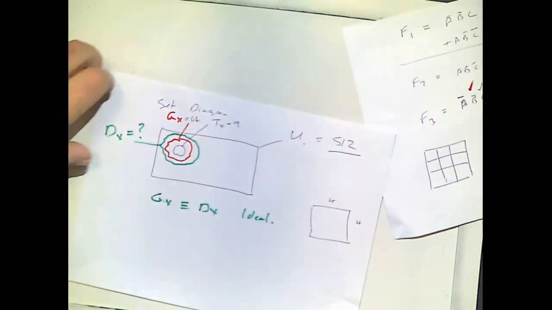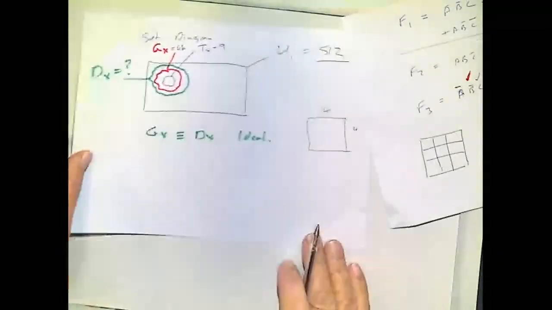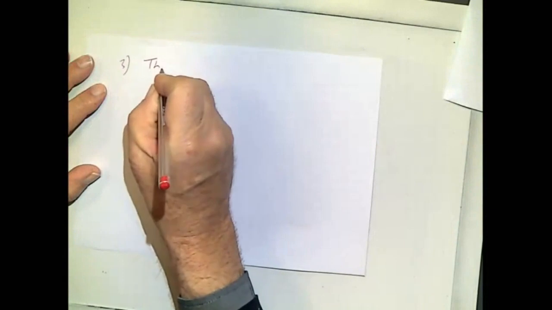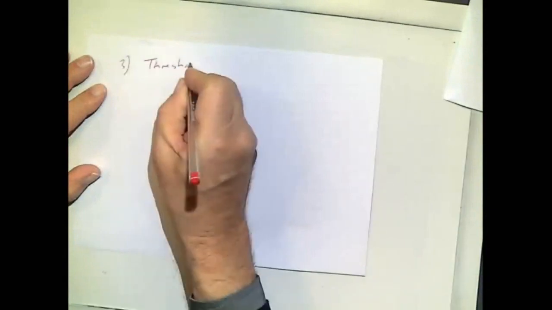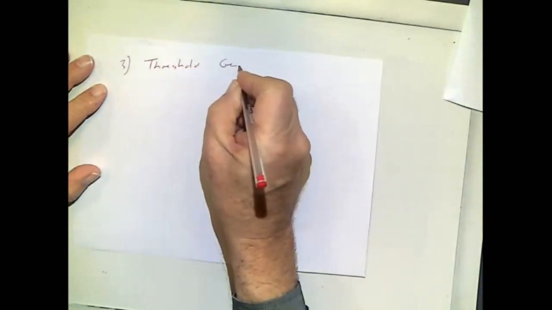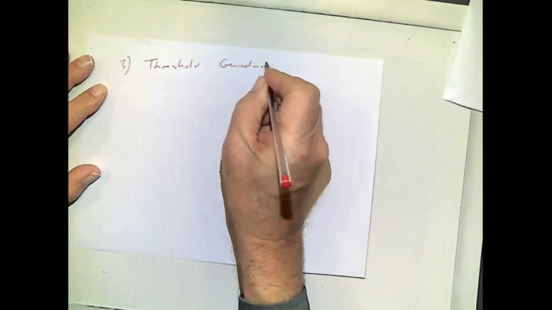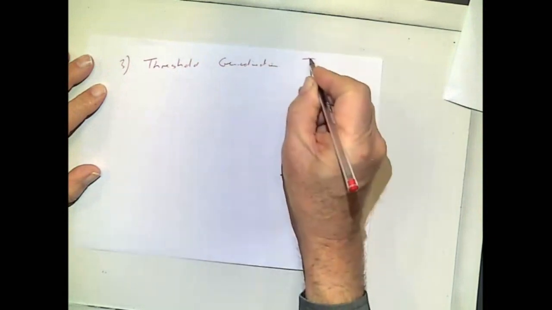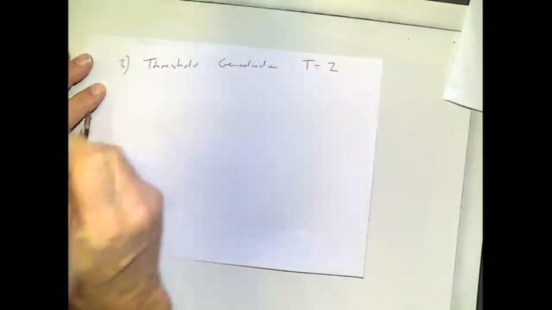So the third type of generalization is, in this case, t equals 2.